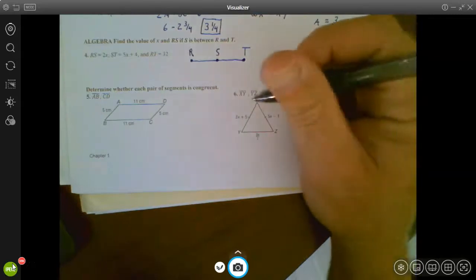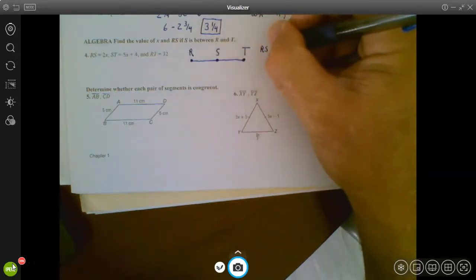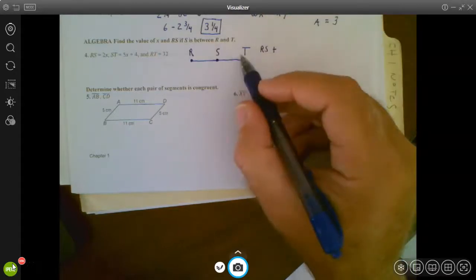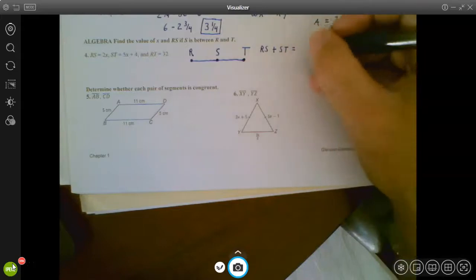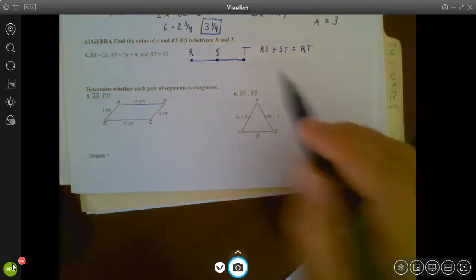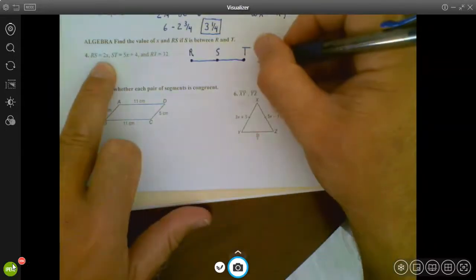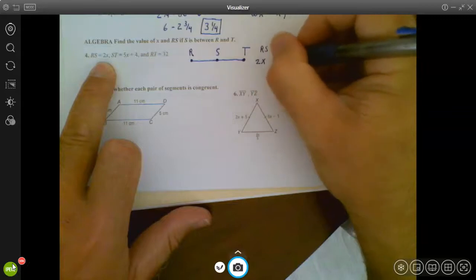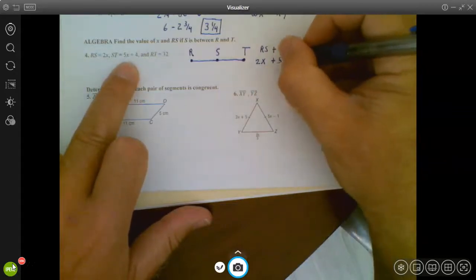So as far as our segments are concerned, we know as far as our equation goes that RS plus ST make up the whole thing, which is RT, right? And then this is where I would sub in the information. So RS, they were telling us, is 2x. ST is 5x plus 4.